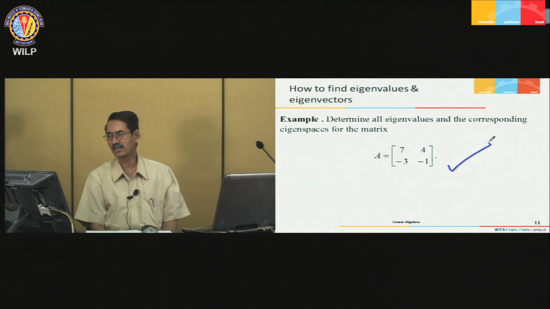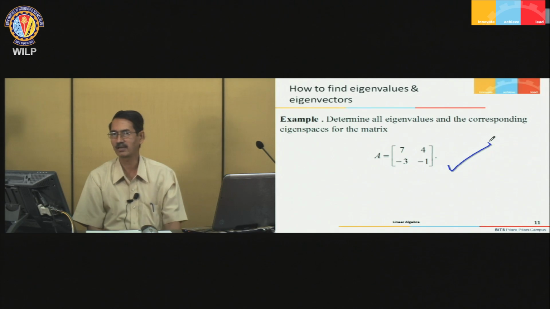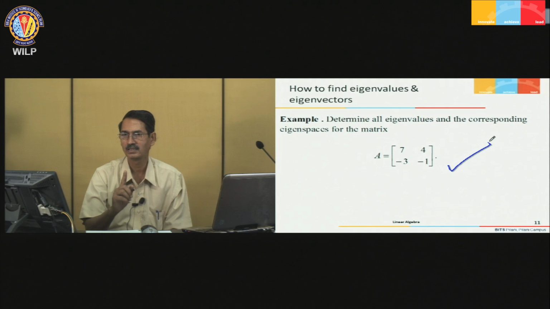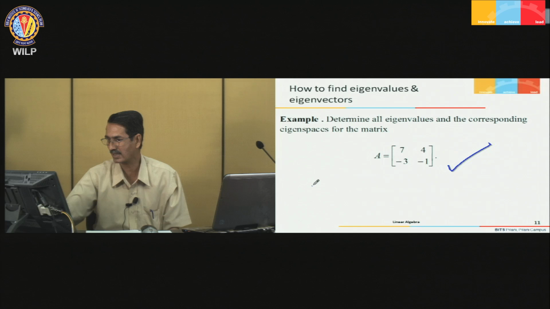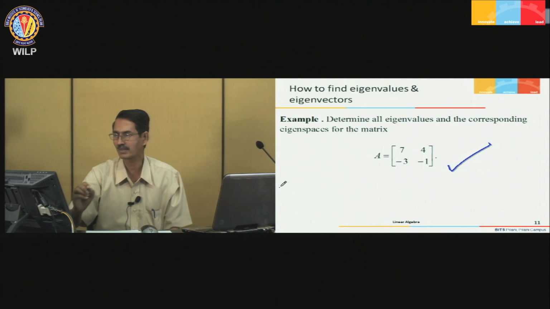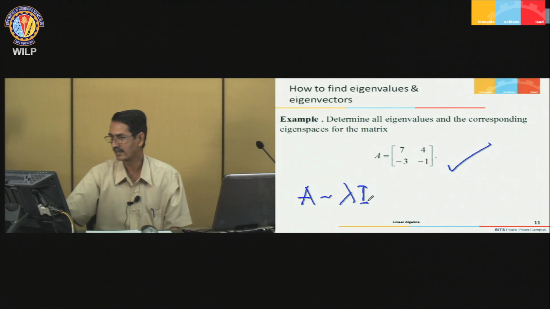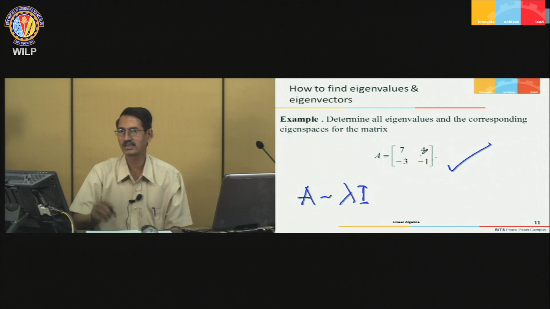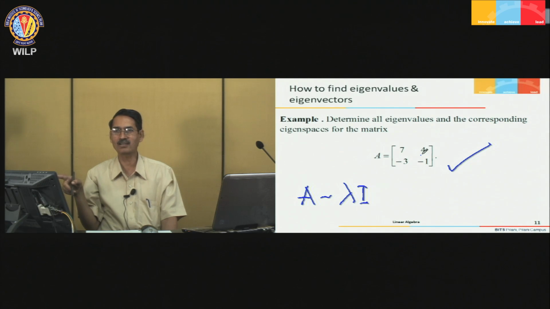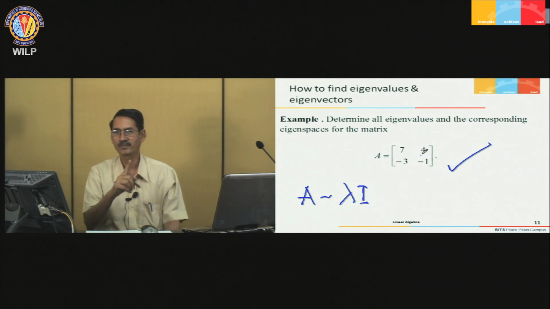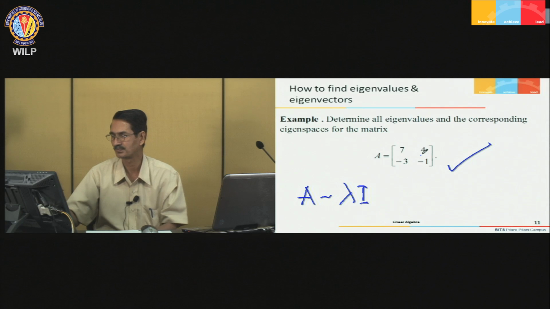So, as I told you, if you want to calculate all possible eigenvalues, then the first step is to calculate the characteristic equation, determinant of A minus lambda I. First you calculate what is A minus lambda I. Remember here, A is a matrix of order 2 by 2. Therefore, I is also an identity matrix of order 2 by 2. Identity matrix means all principal diagonal elements are 1 and other elements are 0.